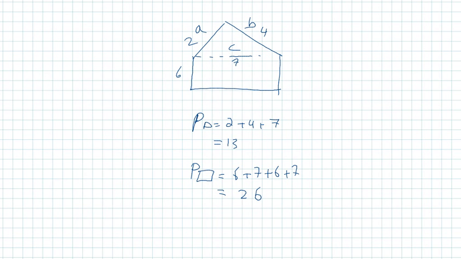So technically, my perimeter for the triangle is 2 plus 4. That's it. And the perimeter for the bottom is 6 plus 6 plus 7. So I don't have that other 7. Just imagine. What is that? 6 plus 6 is 12, plus 7, so that's 19.